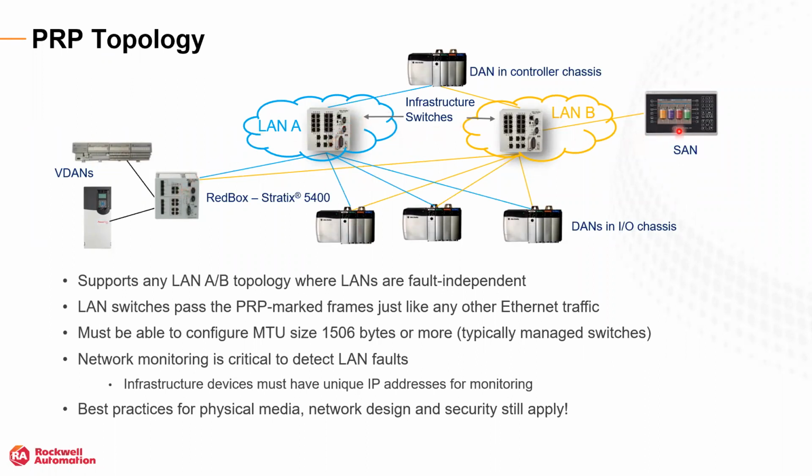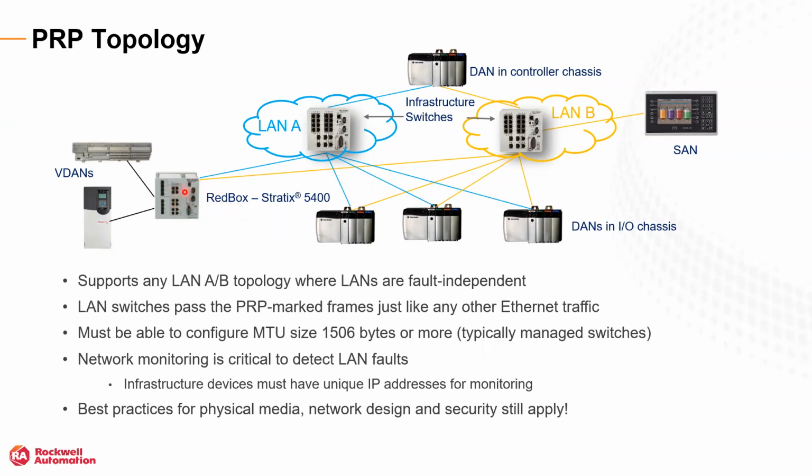Where this starts to get a little more complicated is when we have devices that don't support PRP, such as a drive or some of our older legacy IO products. Not always legacy, but our older products aren't going to support PRP. In that case, we use what's called a RedBox switch, and right now the Stratix 5400 is our switch that does support RedBox. RedBox stands for redundancy box, basically, not the DVD people.